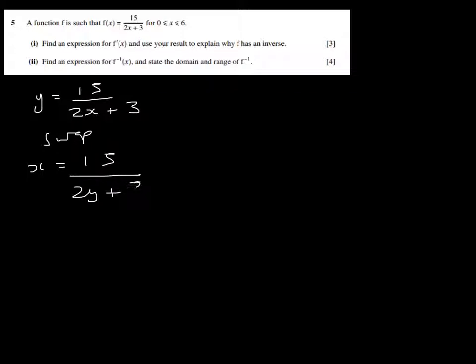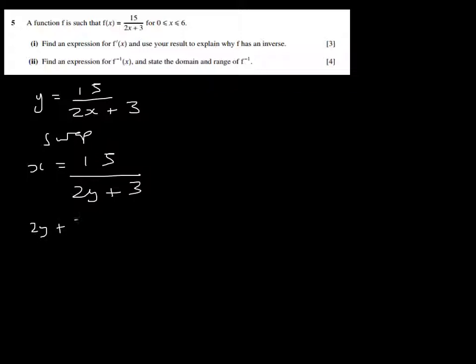Okay, let's do part 2, which is our inverse function. So what we can do is start off with what they gave us. And then I can swap the x's and the y's around and then rearrange them all to make y the subject.